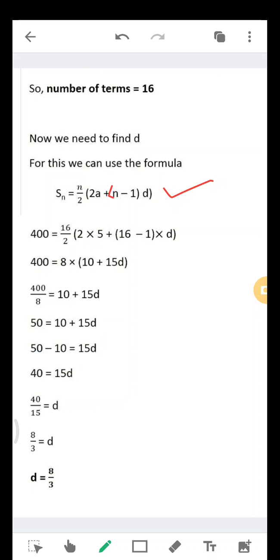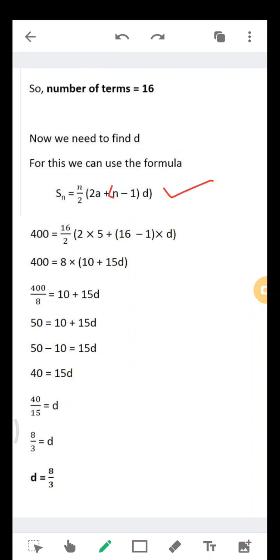So we'll use this again and find the value of d. S of 16 is 400, n by 2, that is 16 by 2, into 2 into 5 plus 16 minus 1 into d. We don't know the value of d, so we can easily find it from this formula. 16 by 2 gives you 8, and multiplying gives you 10, and 16 minus 1 is 15, so 15d.